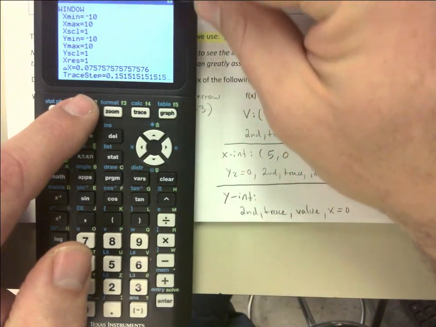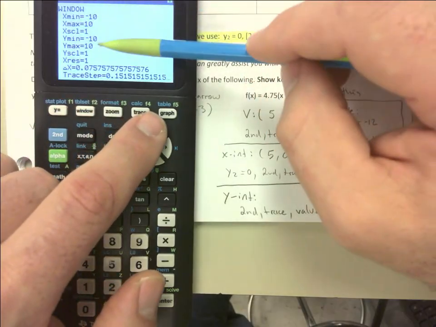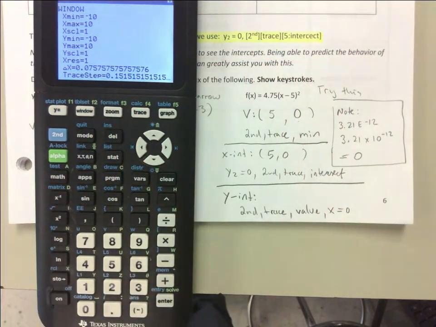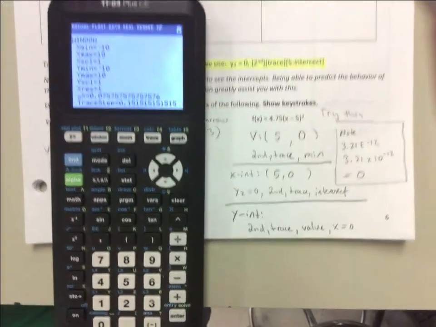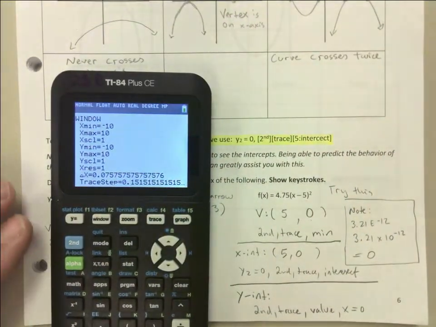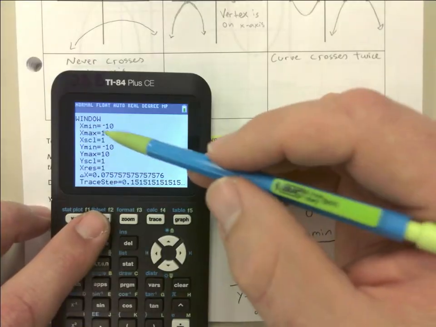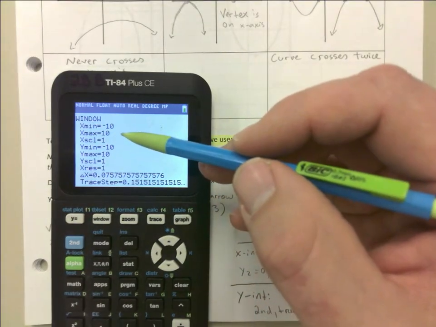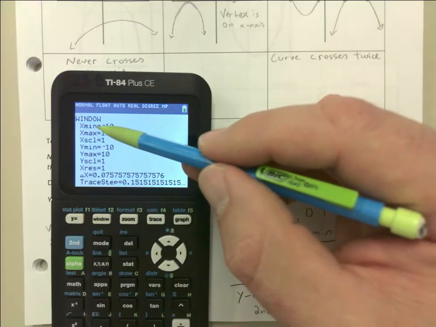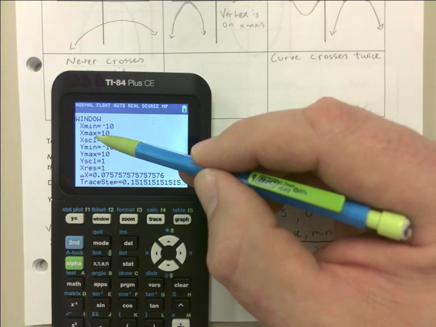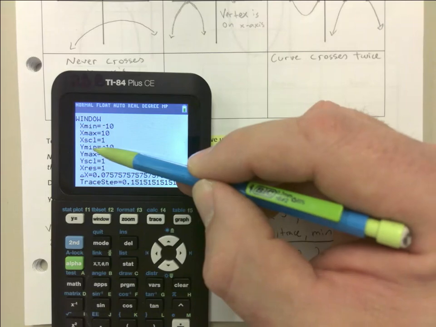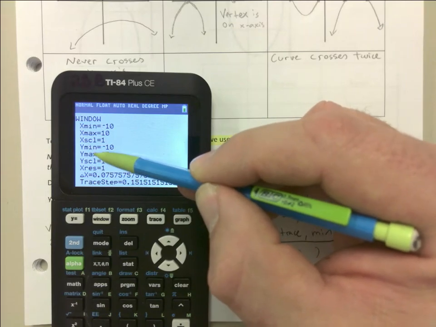We need to see more to the top. Did you press the window button? The only 4 entries you're ever going to change on here is X-min, X-max, as well as Y-min, Y-max.